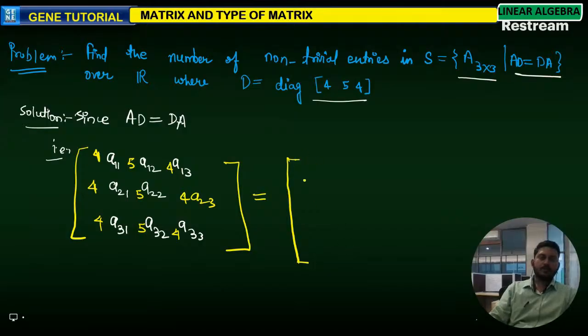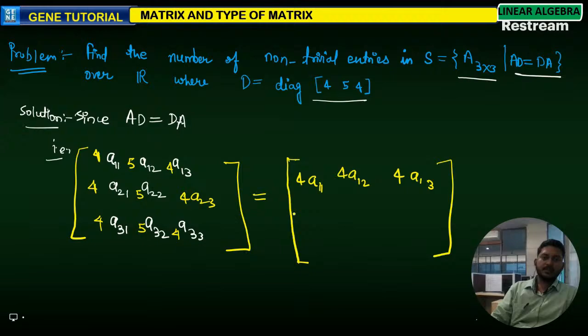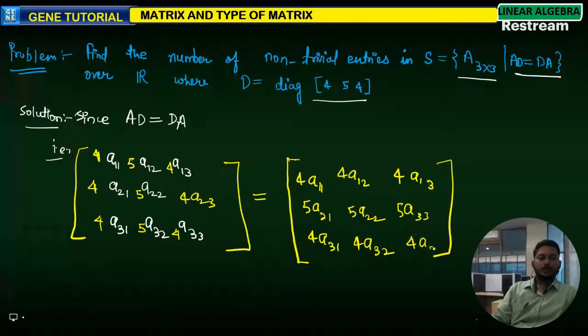For A11, for A12, then for A13, the first row is 4 times. The second row is 5A21, 5A22, 5A23, and the third row is 4A31, 4A32, and 4A33.